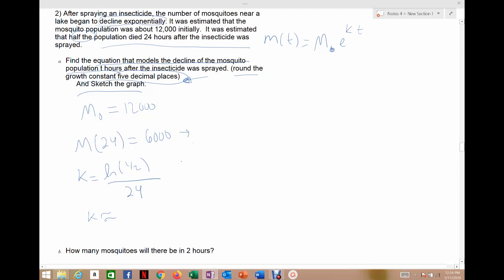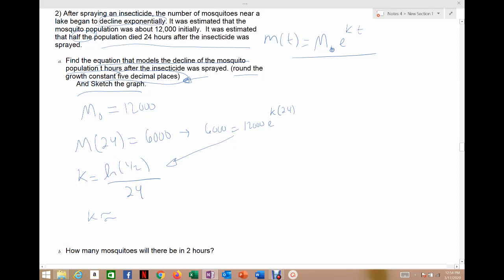Or you can use this. If you forget this quick little equation, you can always set it up. Take 6,000 equals our equation with our 12,000 initial value, e raised to the k times the time it took us to get there, right? It took 24 hours to get to 6,000, half of what we started with. And then you could solve that, and it should simplify down to this.